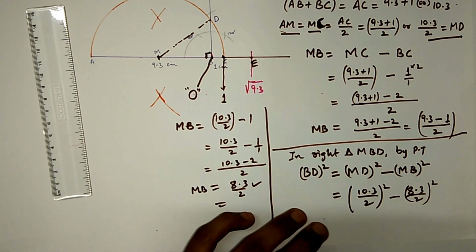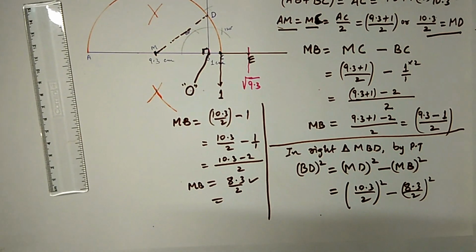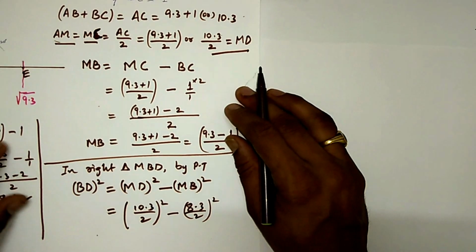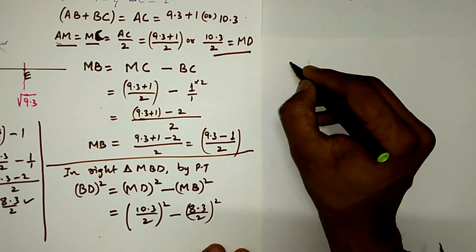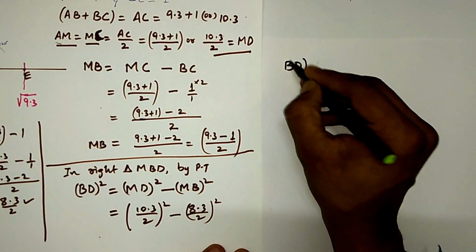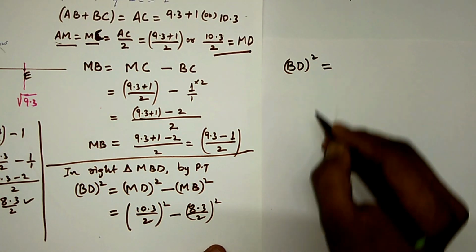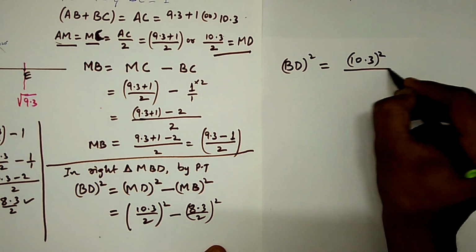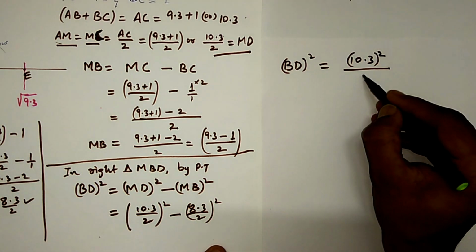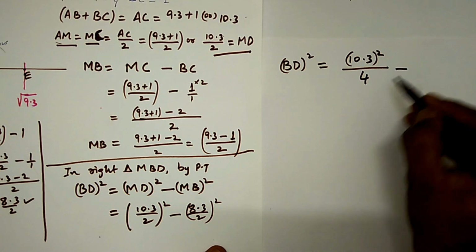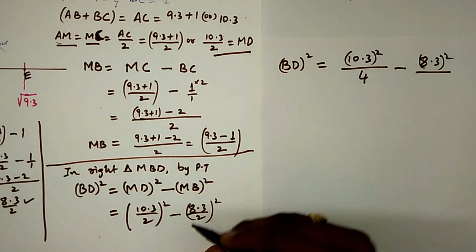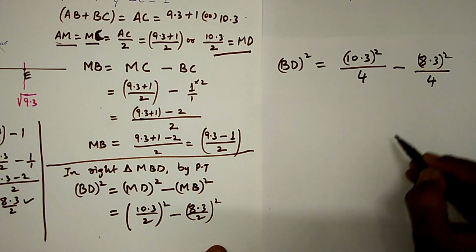Continuation of this one. BD square is equal to 10.3 square by this 2 square becomes 4, minus 8.3 square by this 2 square becomes 4.